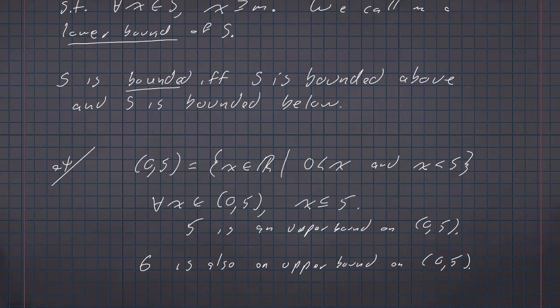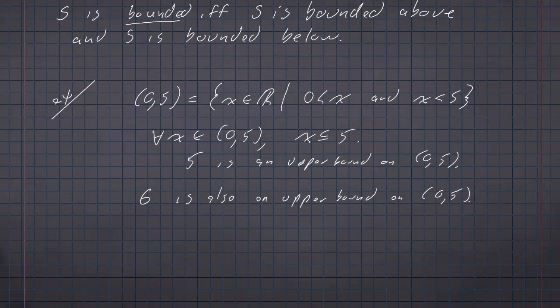It's not the smallest one, but it is one. 7 works, so does 12, and 15, and 768, and 25 pi squared, and the square root of 993, which I don't think works out evenly, but I don't really know. There are several upper bounds, infinitely many of them, for any set that is bounded above.